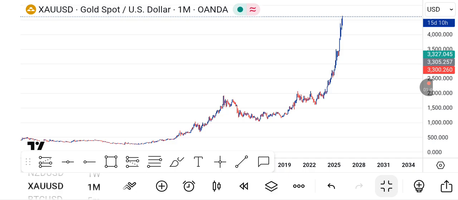I can still do that on the 1 week time frame, the weekly time frame. But the reason why I'm trying to view my gold chart is I want to see everything.